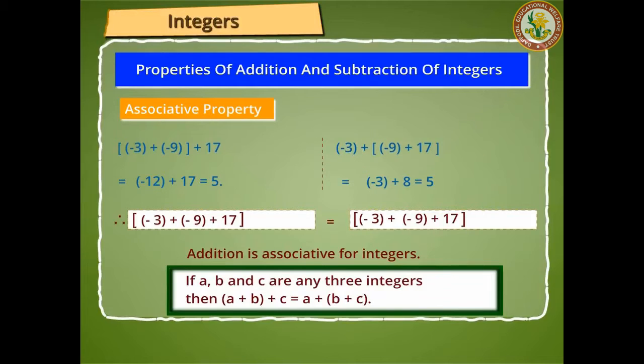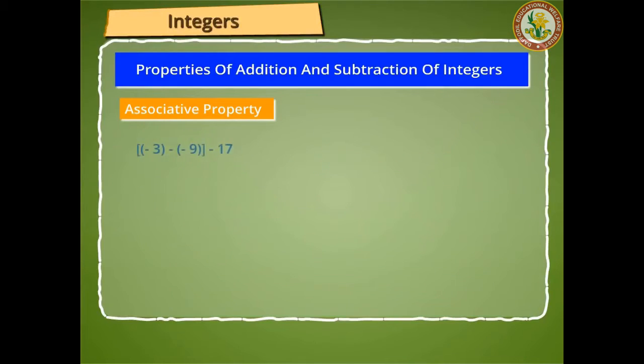Again, minus 3 minus (minus 9 minus 17) is equal to minus 3 plus 26 is equal to 23. And (minus 3 minus minus 9) minus 17 is equal to minus 3 plus 9 minus 17 is equal to 6 minus 17 is equal to minus 11.